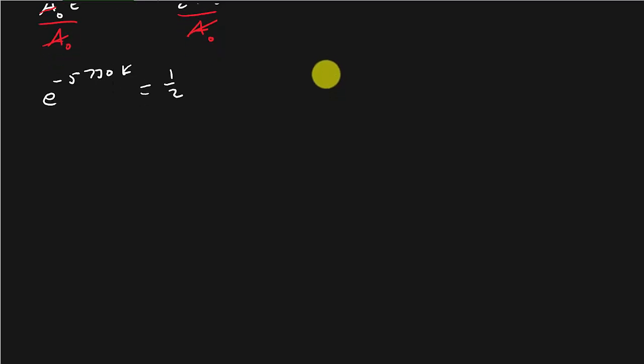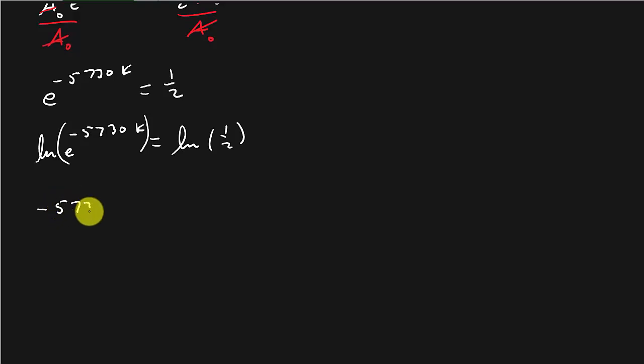We have an exponential equation, so if we take the natural log of both sides, this is going to give us negative 5,730 k equals natural log of 1/2.